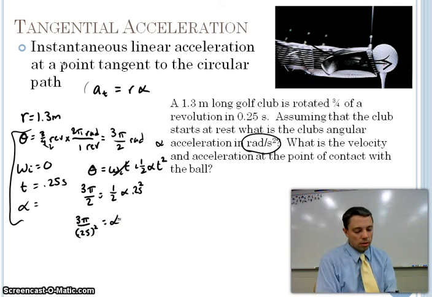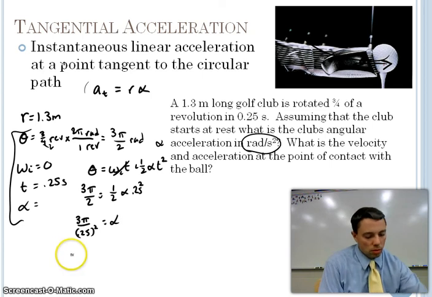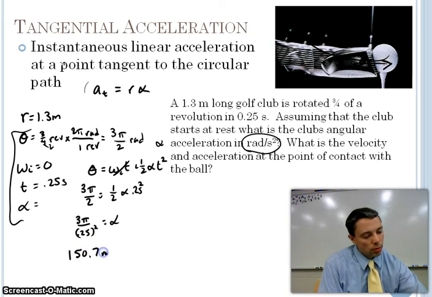I'm just going to grab my calculator quick here. So 3 times pi divided by 0.25 squared comes out to be 150.7 radians per second squared.